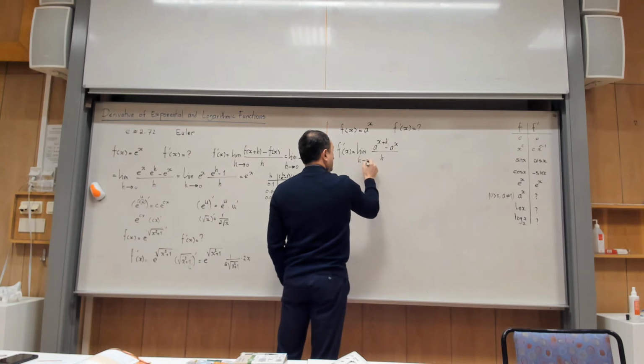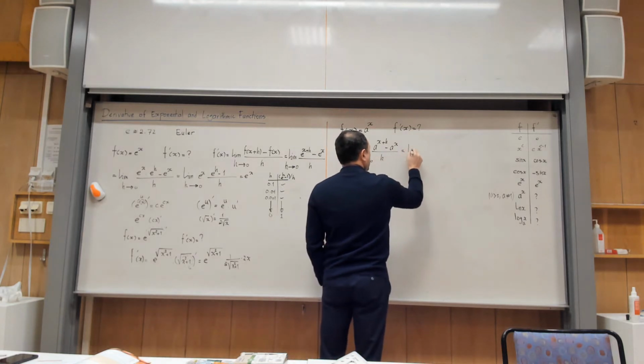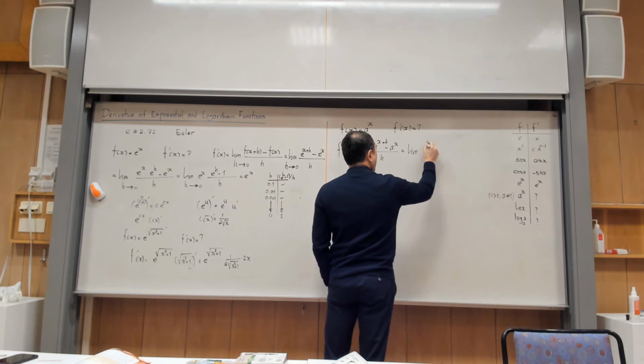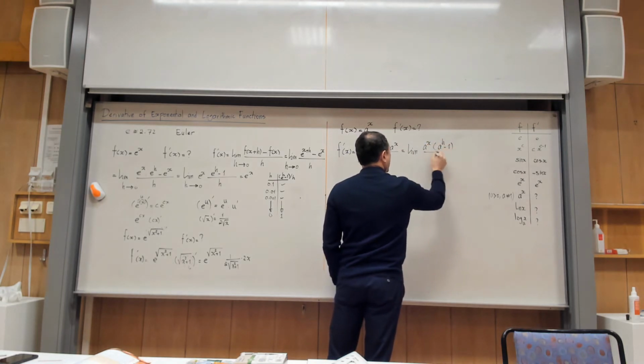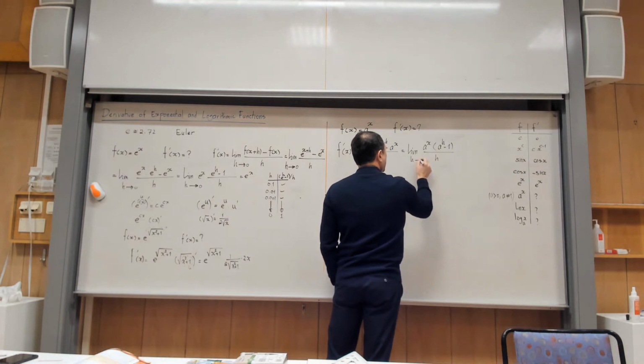Then I can factor a to power x out. This becomes a to power x times the limit of a to power h minus 1 divided by h as h goes to 0.